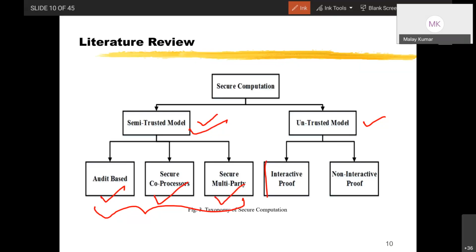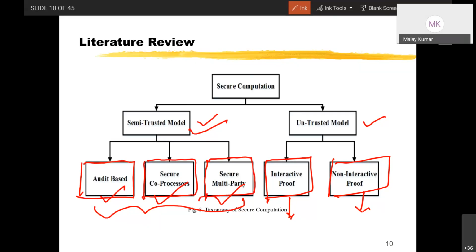Then there are two other methods which provide security and verification at the same time, while these three methods only promise secure execution.